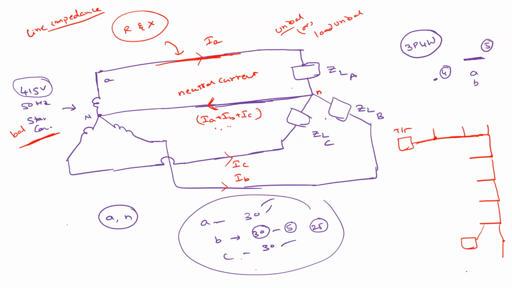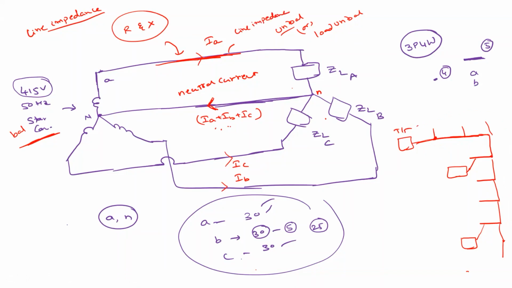For example, if your house is connected here, only this length will be considered. If your house is placed here, you need to consider this entire length from here to here. That is known as line impedance.